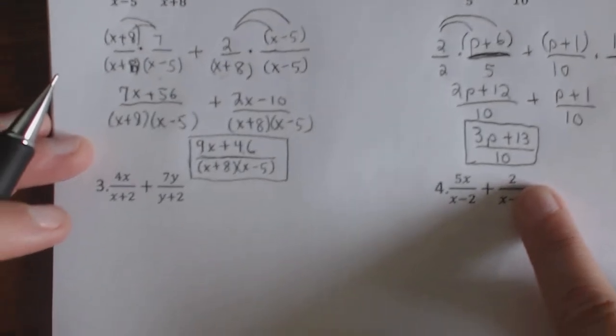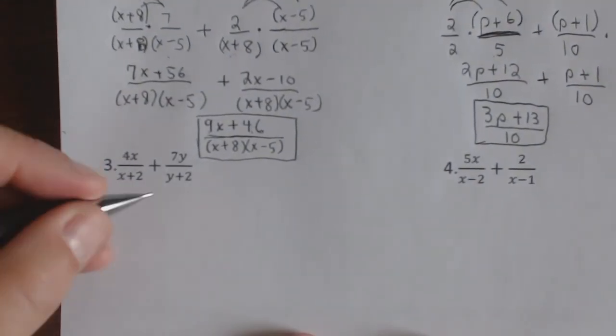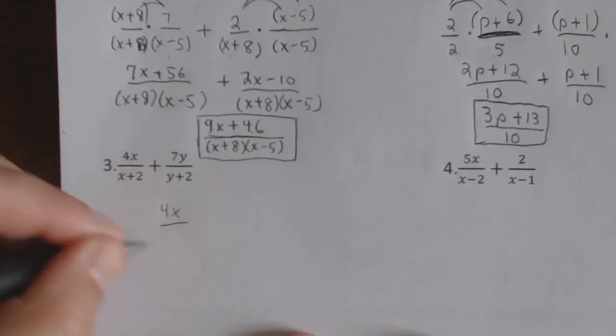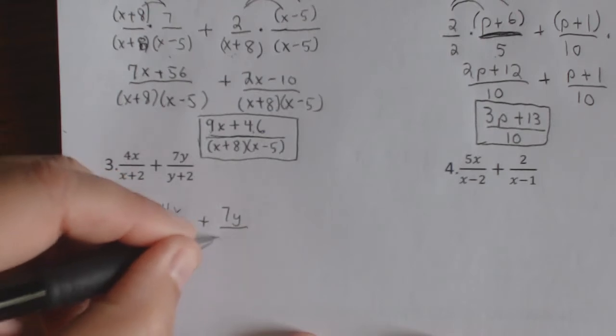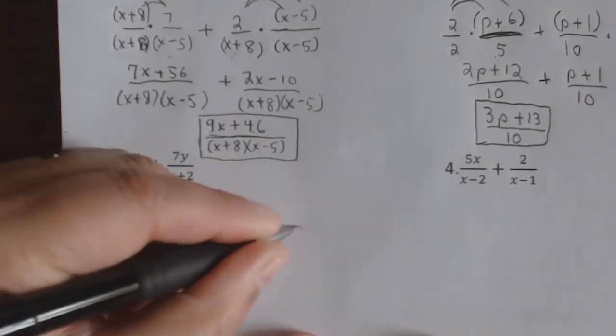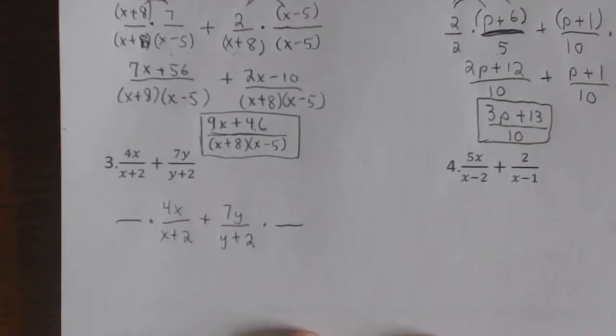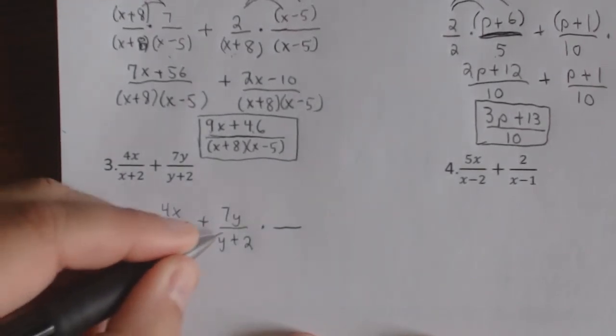All right, let's move on to another problem. We have 4x over x plus 2 plus 7y over y plus 2, and we want to multiply by a convenient form of 1 to get a common denominator. These are not alike at all.